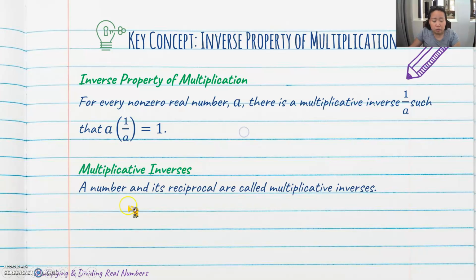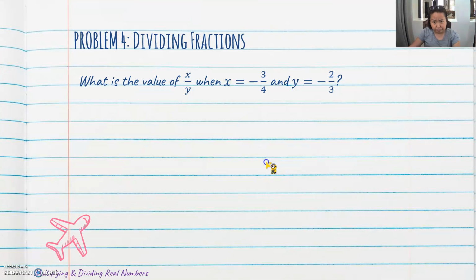Those multiplicative inverses are also known as the reciprocal. So you just switch the numbers in the numerator and denominator to find the reciprocal.